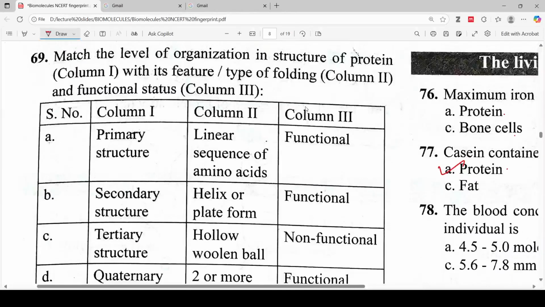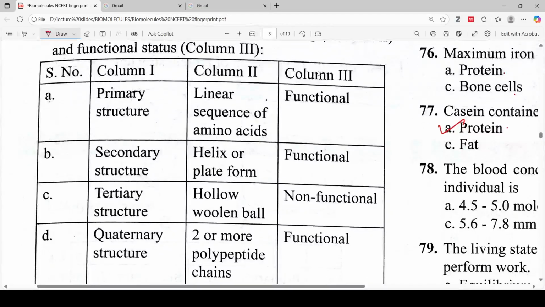Match the level of organization in protein structure with its feature, type of folding, and functional status. Primary: linear sequence of amino acids, not functional. Secondary: helix or plated form, functional. Tertiary: hollow woolen ball, non-functional. Quaternary: two or more polypeptide chains, functional.